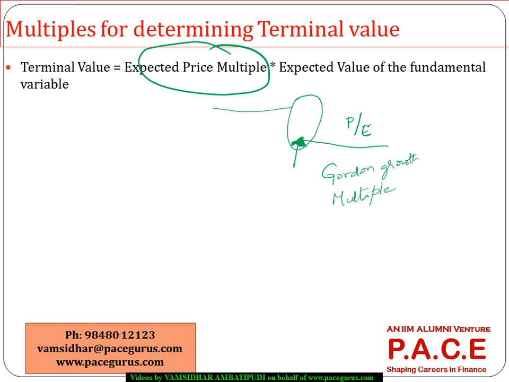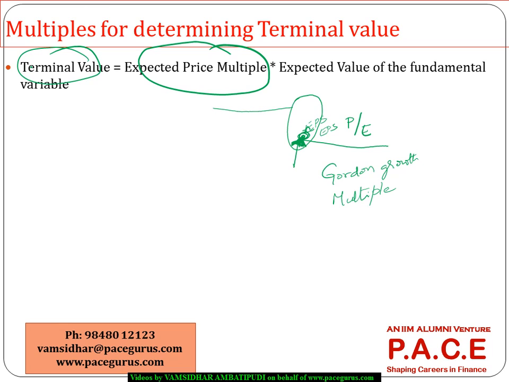Let's say I am going with the trailing P/E: at this point I will find out the P/E and what could be the EPS, multiply these two, and say this is going to be the price. But if I am going with the leading P/E, I will find out the leading P/E at this point, find out the EPS forecasted for the next period, and multiply these two to arrive at the terminal value. Both of them need to be predicted by their own prediction mechanisms.